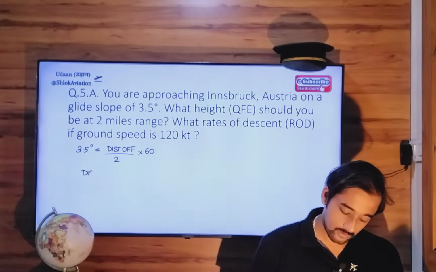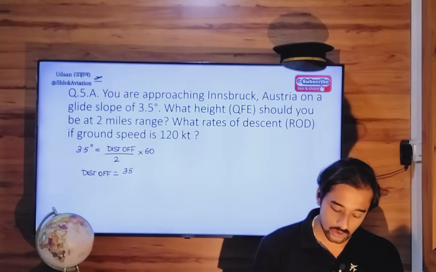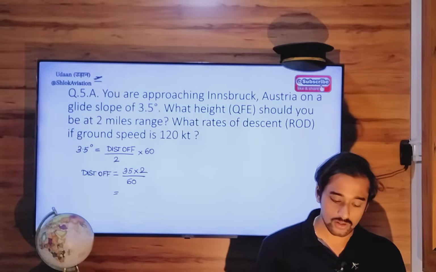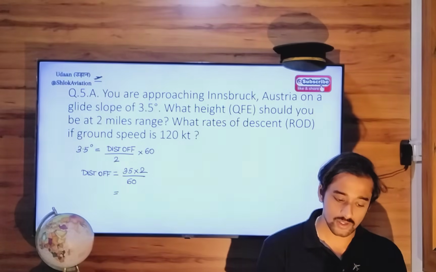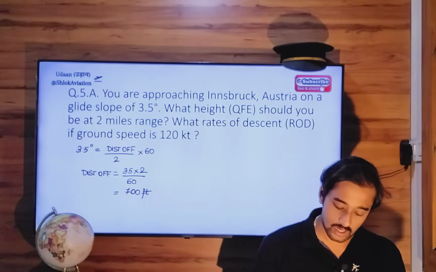So distance of track equals 3.5 into 2 divided by 60. Multiply by 6000, you get the answer 700 feet. So your aircraft is 700 feet high.